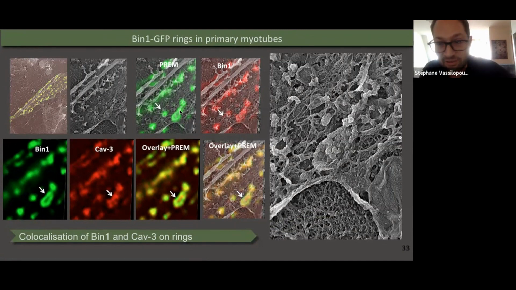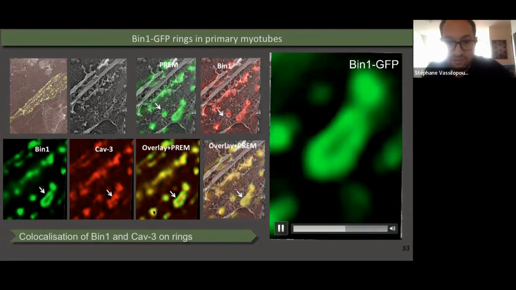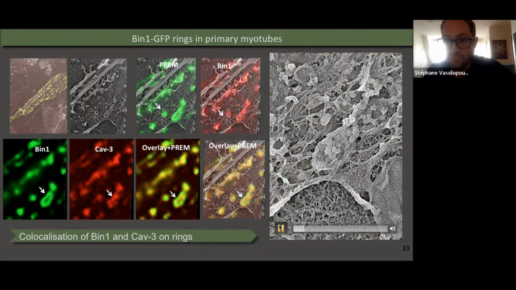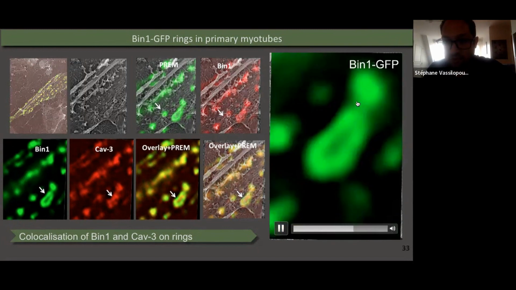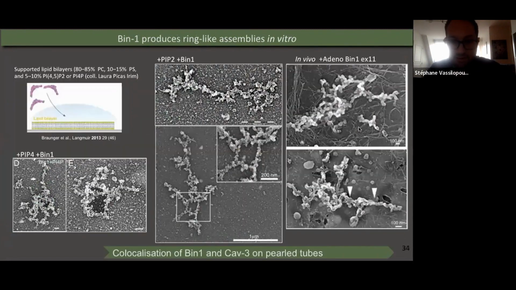You see that bin1 is localized everywhere on the ring, but the caveolin 3, which is also enriched on the ring, is a little more diffuse, suggesting that first comes bin1, which forms the structure, and then it accumulates caveolae on the structure. And here, this is a tomogram that corresponds to this correlative EM here. You see the tomogram of the ring and the tube emanating, which is positive for bin1 in green and caveolin in red.